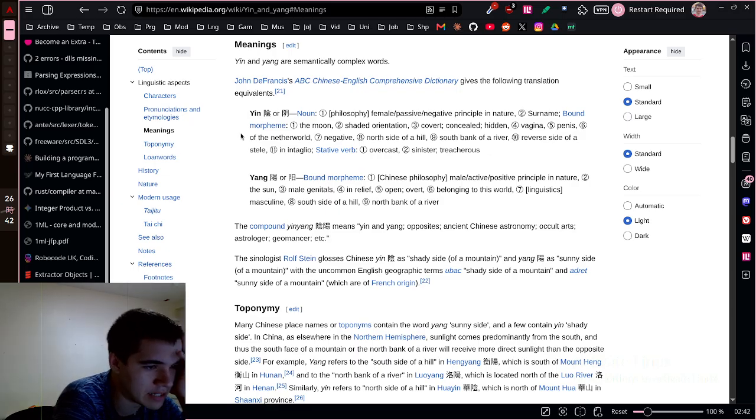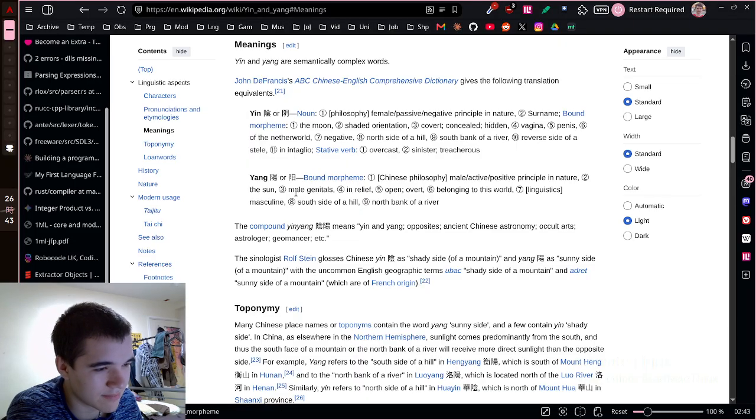Yeah, literally female, passive, negative, principle, and nature. Male, active, positive. Male genitals. Why? What? Why is it male genitals, but then yin can be both female and male genitals? Of the netherworld, sinister, treacherous.